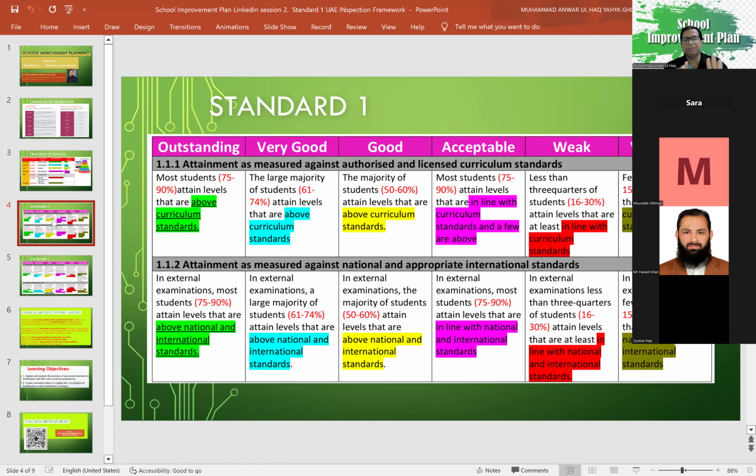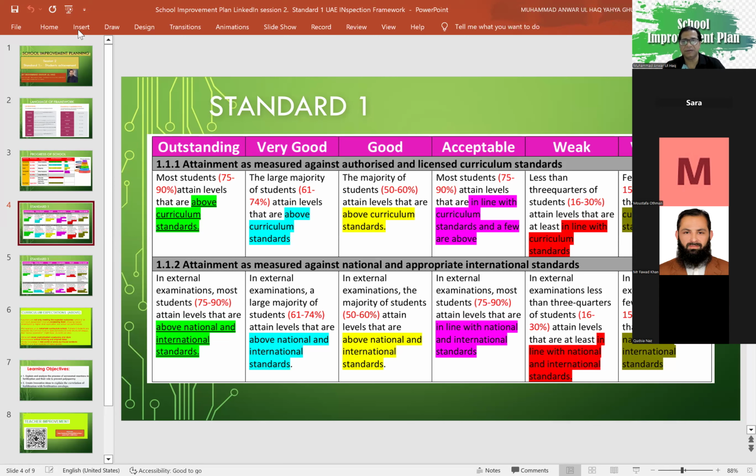If you can take a picture or a screenshot of this slide as a leader, it will be really very handy for you whenever you are doing any kind of development in your school or any PD session you are going to run. This slide will give you a lot of help and clarity, not only for you, but for your teachers also.